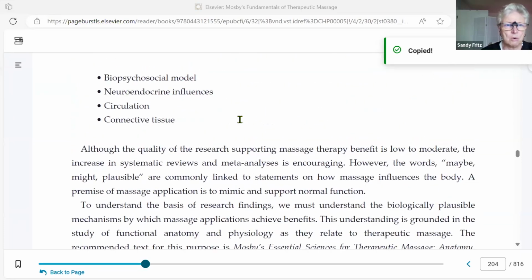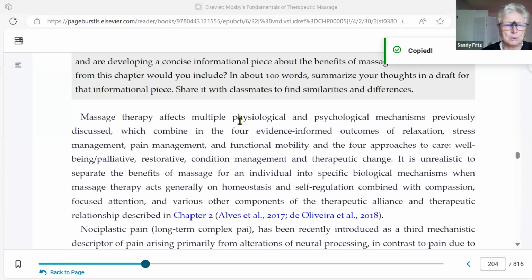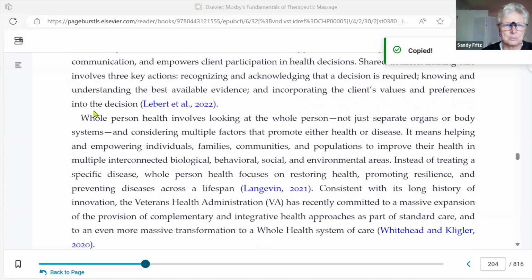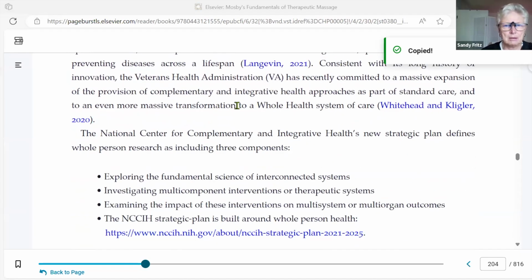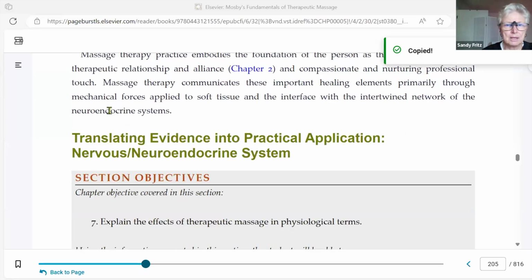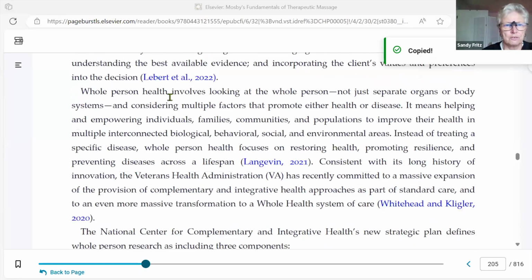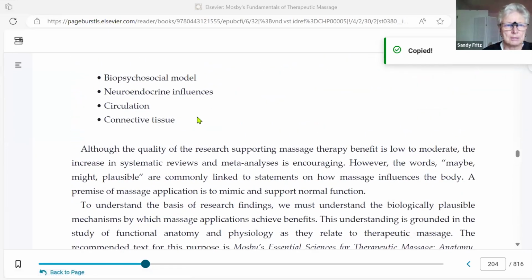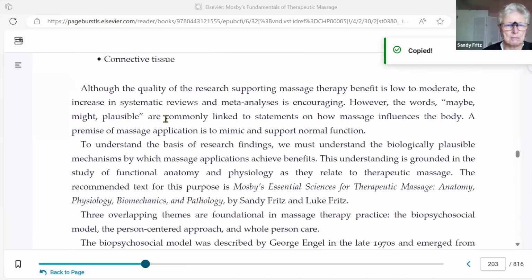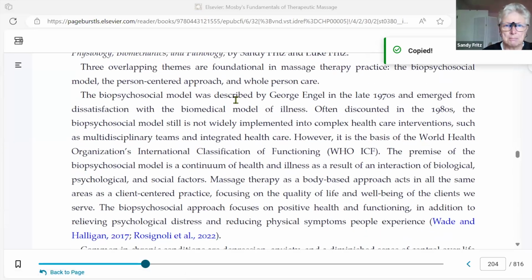All right, so as we go through the content here, it sets the stage with the overview. The National Center for Complementary and Integrative Health has some new research strategies that are involved in whole person care, and that's that biopsychosocial influence. The first one we just talked about was the biopsychosocial model.